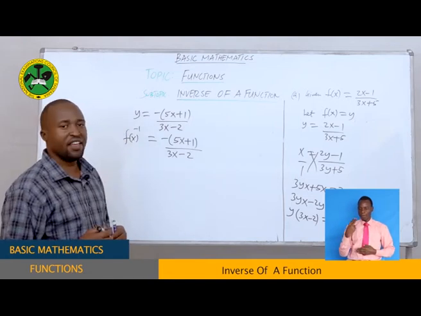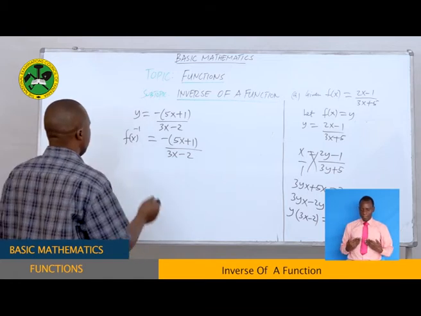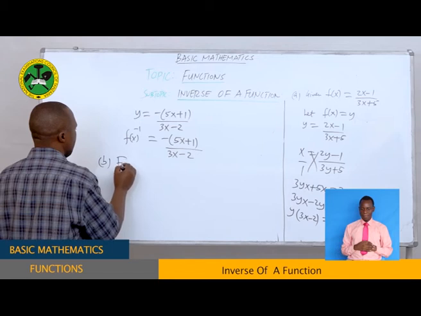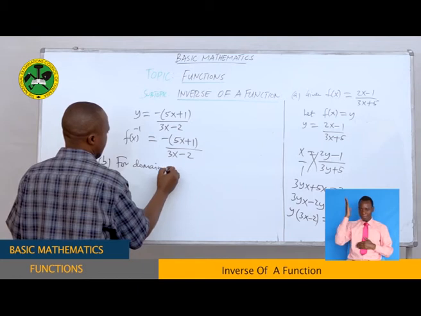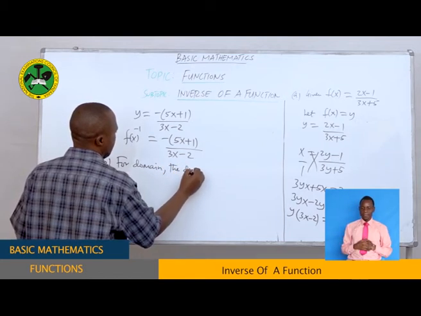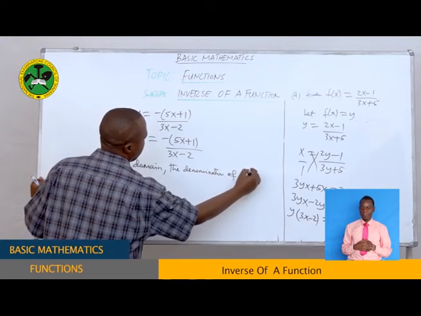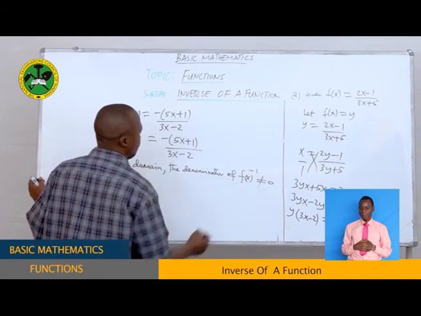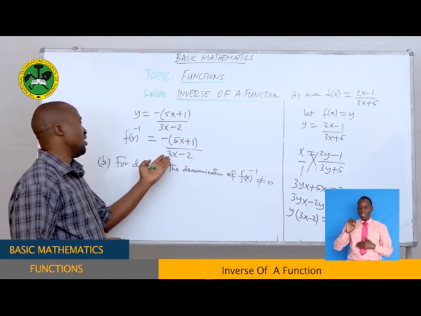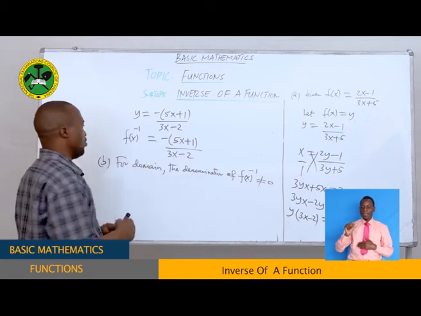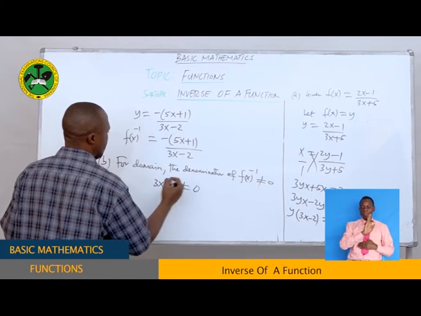So that is A. Now B, we are supposed to find the domain and range. Remember, for domain, we say the denominator of f of x inverse should not equal 0. So in this case, the denominator is 3x minus 2. So 3x minus 2 is not supposed to be 0.